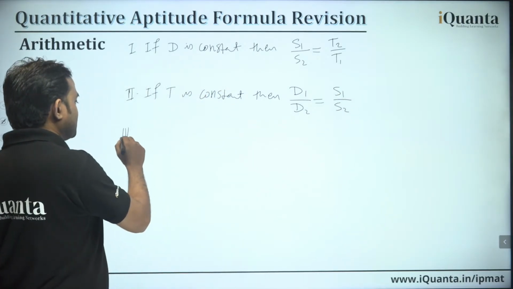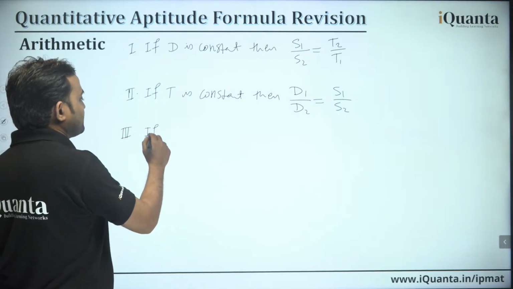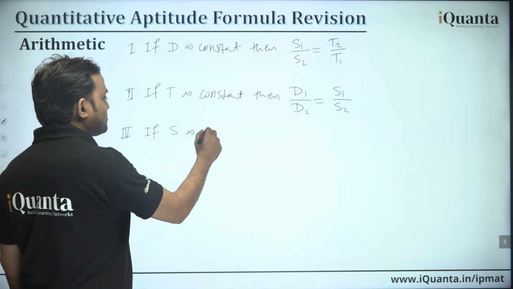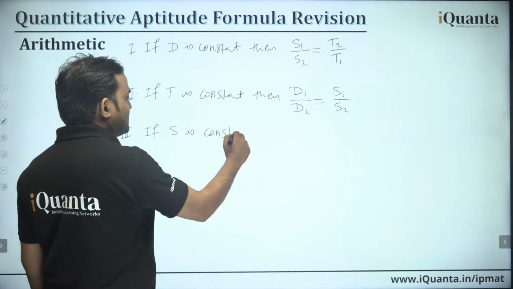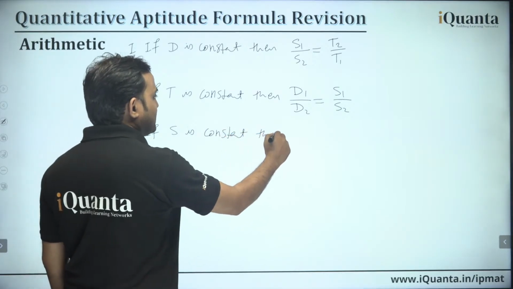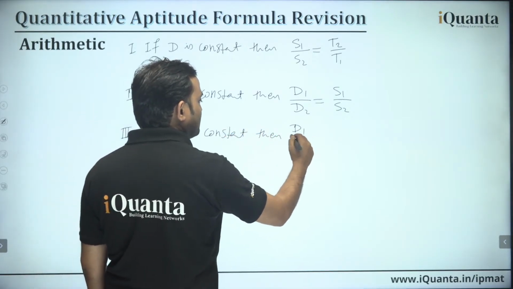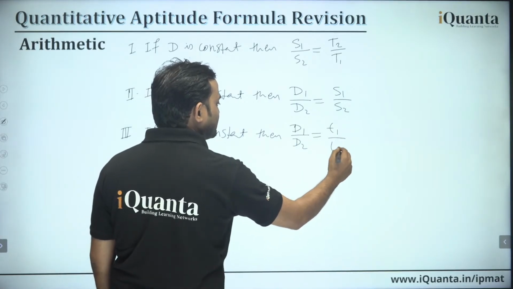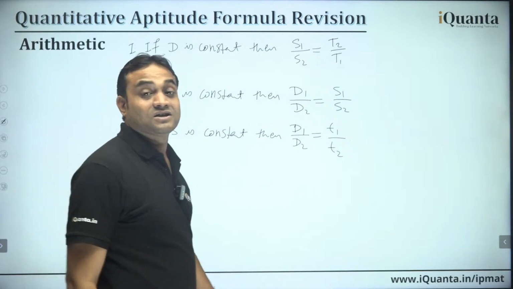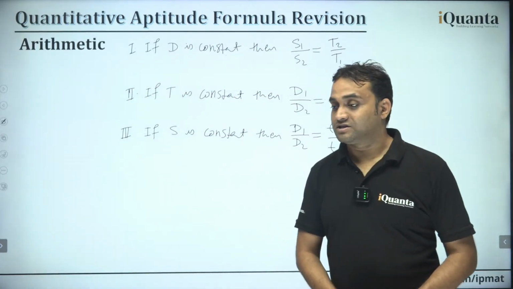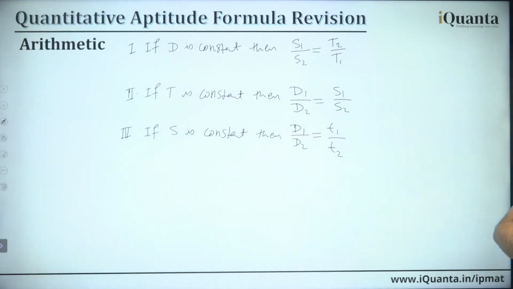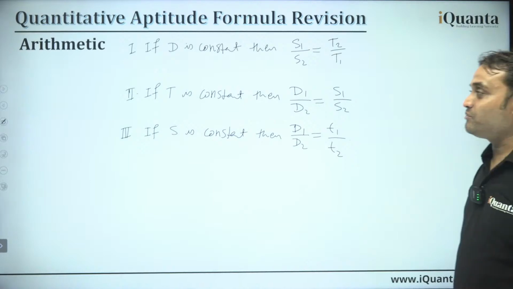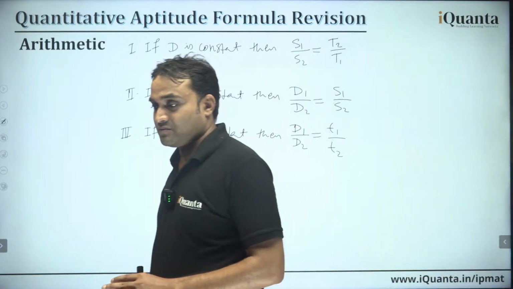Then comes the third point, which is if speed is constant, then D1 by D2 is equal to T1 by T2. So these are the three proportionality concepts that can be used in many time, speed, distance problems.